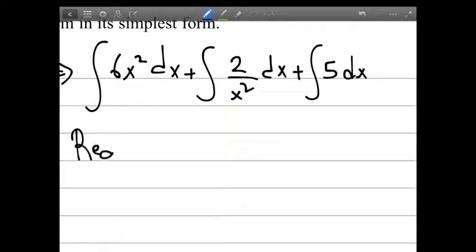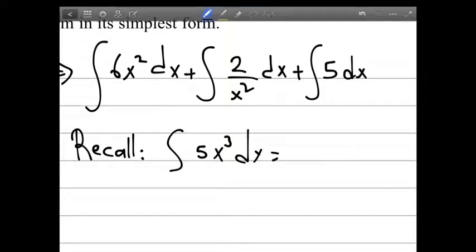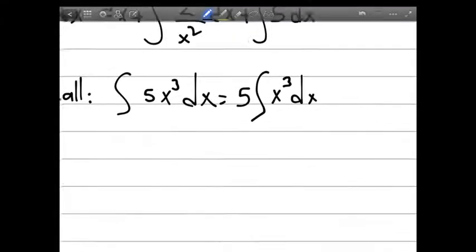Let's have a recall. If we have any polynomial like this, the easy way of finding the integral of this function is putting the constant in front of the integral and writing the function alone.